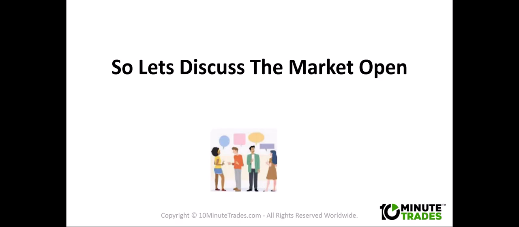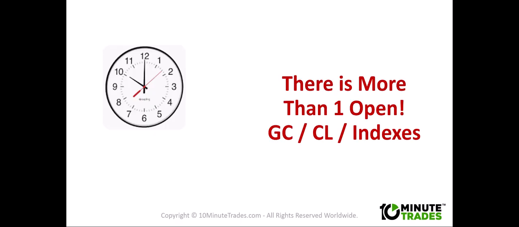Okay. There is more than one market open. More often than not, when people think about the market open, they're thinking of the ES or the NQ or the YM. Those are the most popular market opens, and those are called the indexes, and they open at 9:30 a.m. Eastern Time. That's the traditional market open. Now, the traditional market open is probably considered the most volatile market open.